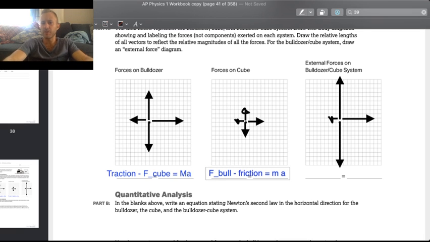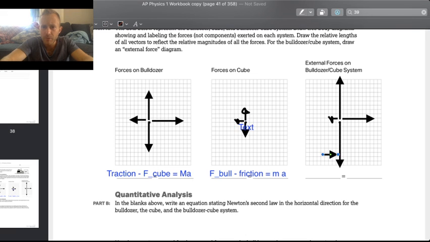So two things I want to note here: the cube has a smaller mass, or it has a different mass, so notice how I have a different letter. The accelerations, however, are the same because they're in contact with each other, so I use the same A. And also keep in mind that the force from the bulldozer is going to be the same as the force from the cube because those are action and reaction.